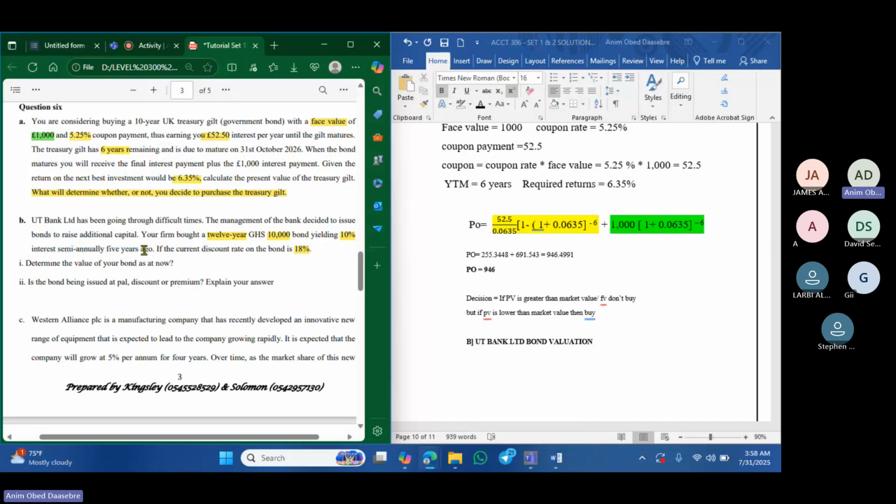No. So that means the 12 years, you subtract the 5. You get what? 7 years. So we are going to use 7 years for the yield to maturity.